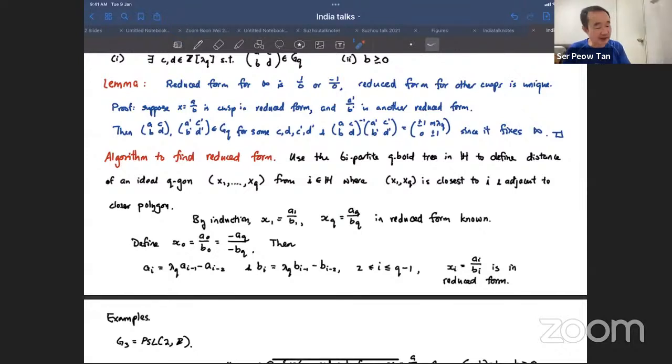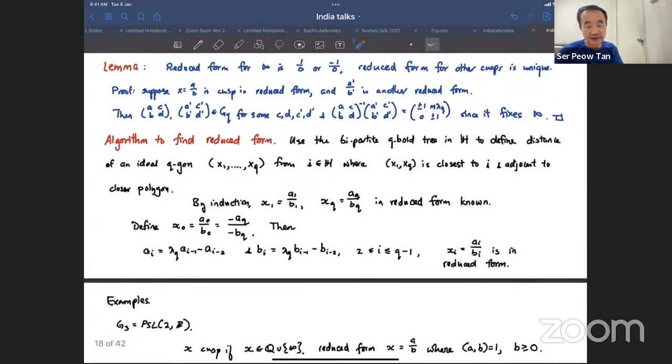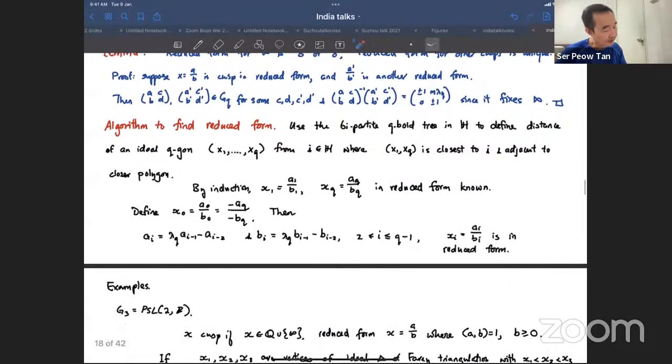You can use the cuboid tree to define this distance. And then the line from 0 to 1, the reduced form is 1, 0, 0, 1 or minus 1, 0, 0, minus 1. So we're going to use an induction.